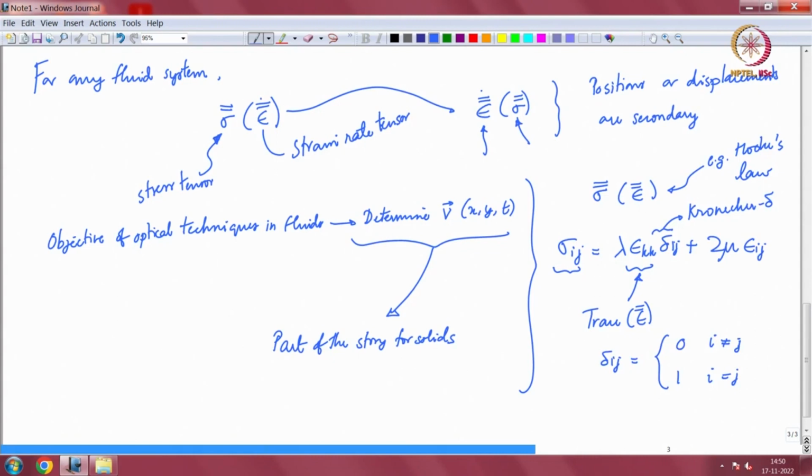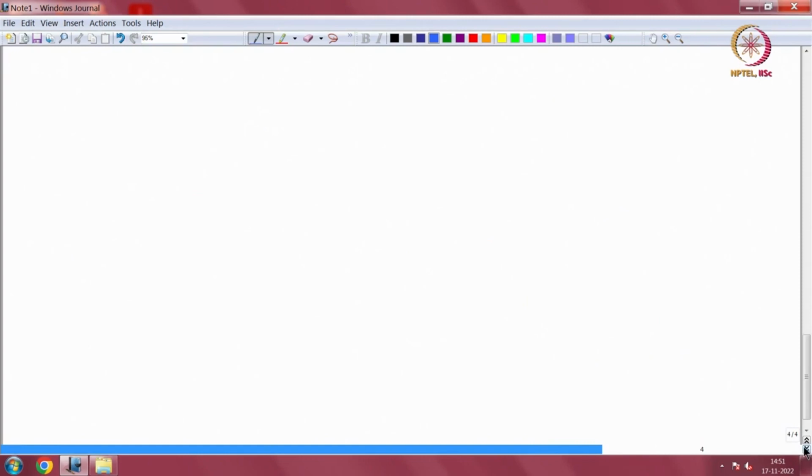And it does not matter if you have not seen this before, at least you know about Hooke's law, I am guessing. The force is proportional to the displacement, for instance, or the stress is proportional to the strain, and that tells you that the stress is a function of the strain tensor, okay. Now the thing that makes solids a little bit more complex to understand in terms of their deformation is the following.